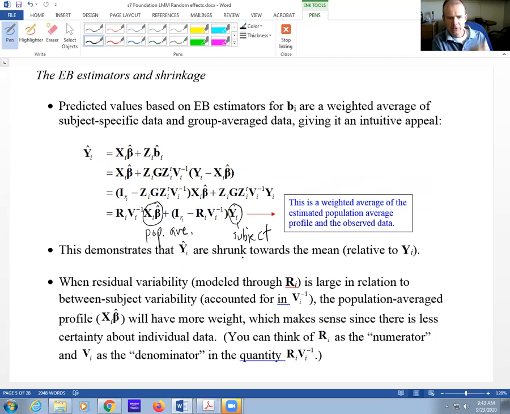If you do a mixed model, your choice is going to be between the predicted values, so those are the x beta hat plus z b hat, versus the predicted mean, which is the x beta hat. And you would use the subject level predicted values if you're interested in inference for individual subjects.